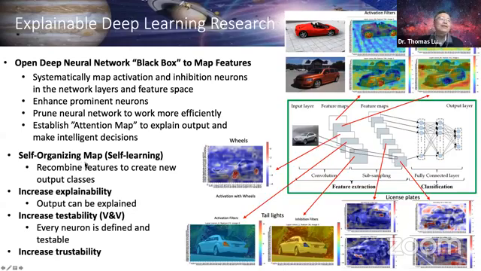And you can do self-organizing because you can recombine features to create a new output class. That is very powerful because now you have all the features, you can recombine them, even if you didn't train on it, especially when you're doing exploration. Let's say you are doing exploration under the ocean. You see a creature you have never seen.